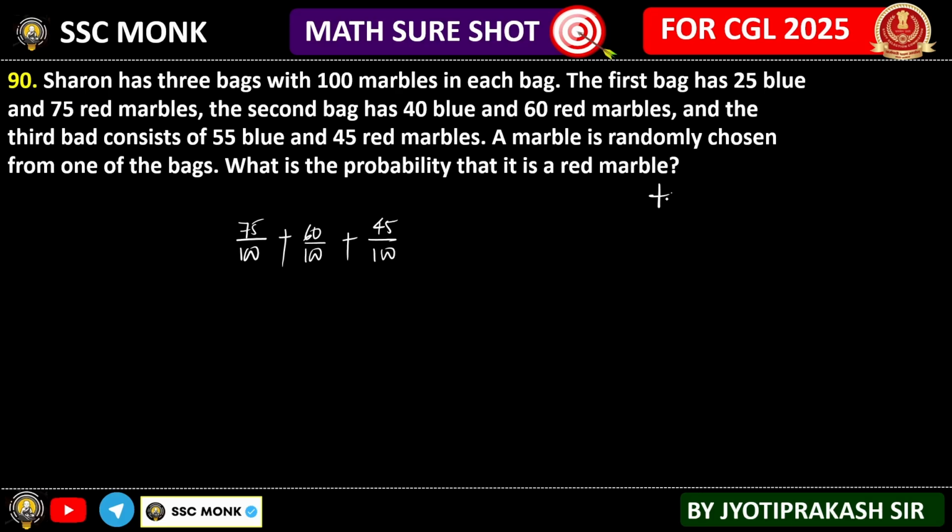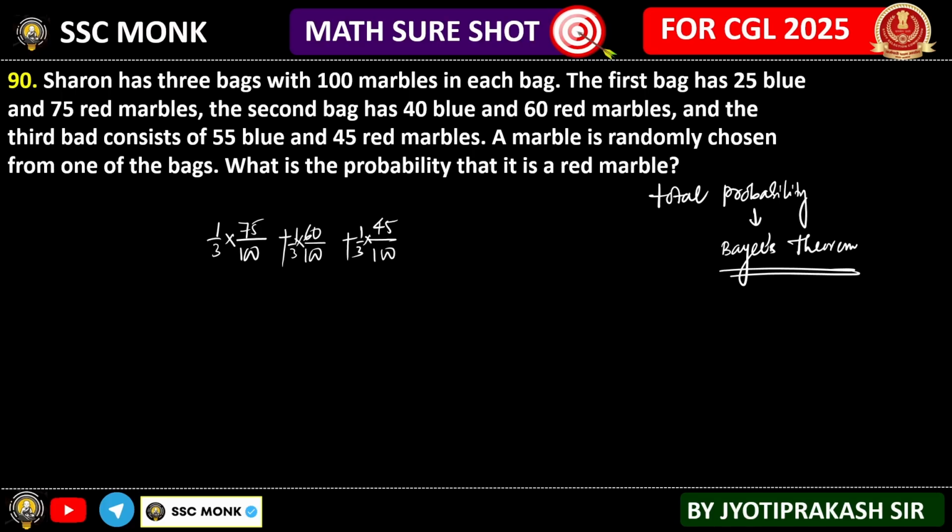So here the total probability concept, which is known as the Bayes theorem, will be used. Now, bad students can answer it. So what will happen here? Each bag's probability will be multiplied with it. So 1 by 3 will be multiplied with it.